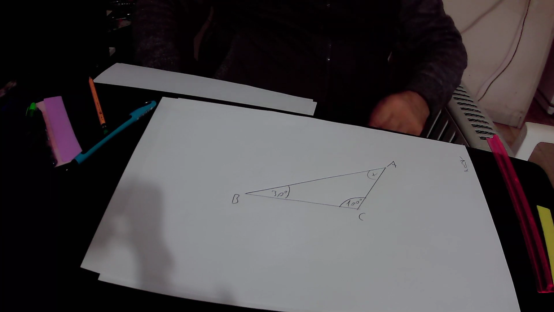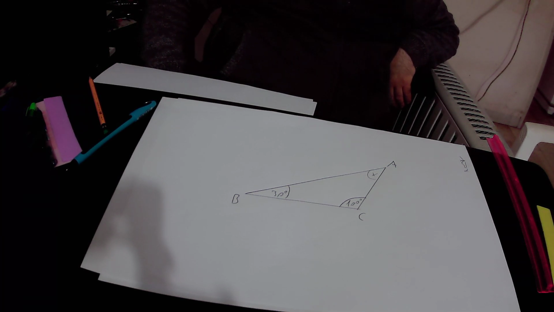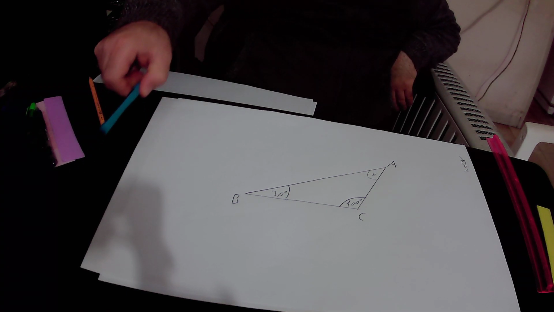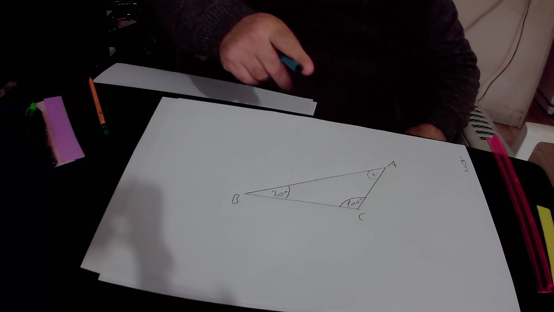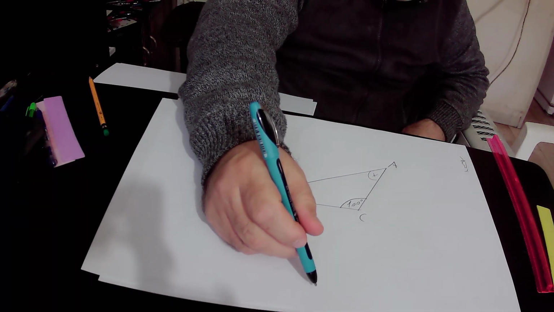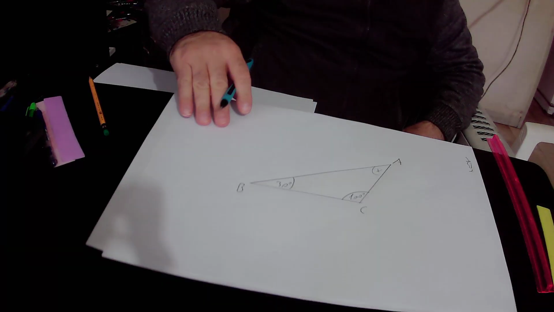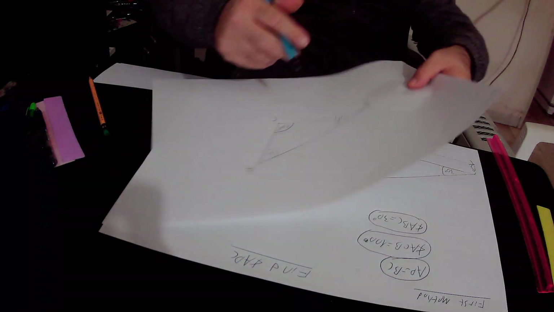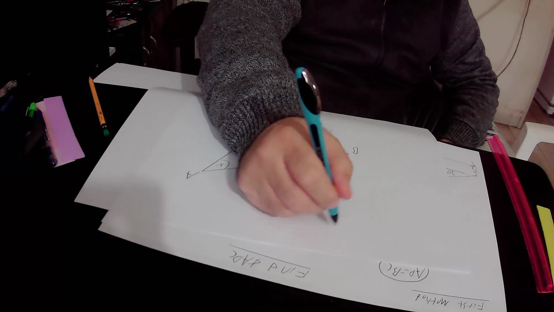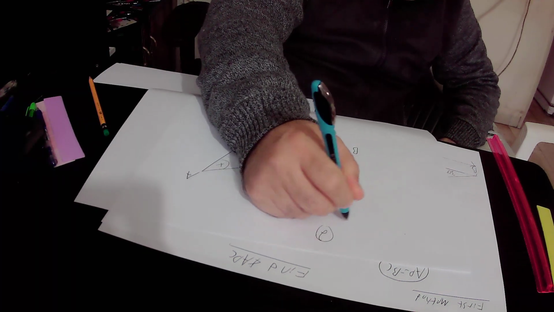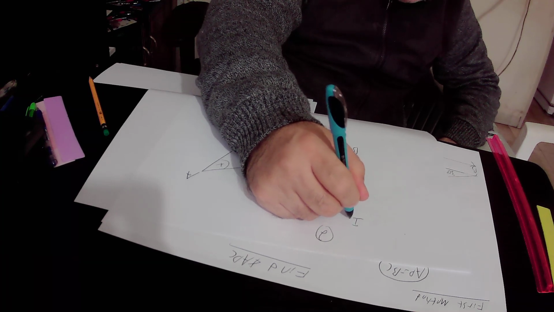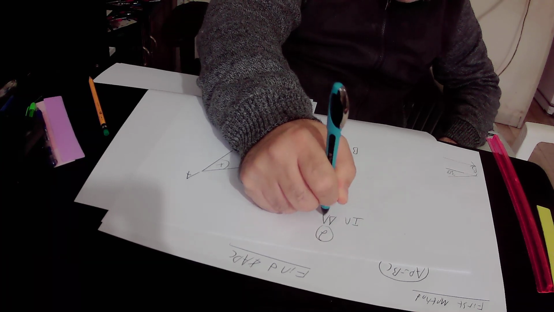We know that the sum of the angles in any triangle is equal to 180 degrees. So in triangle ABC, the sum of its angles is equal to 180 degrees.